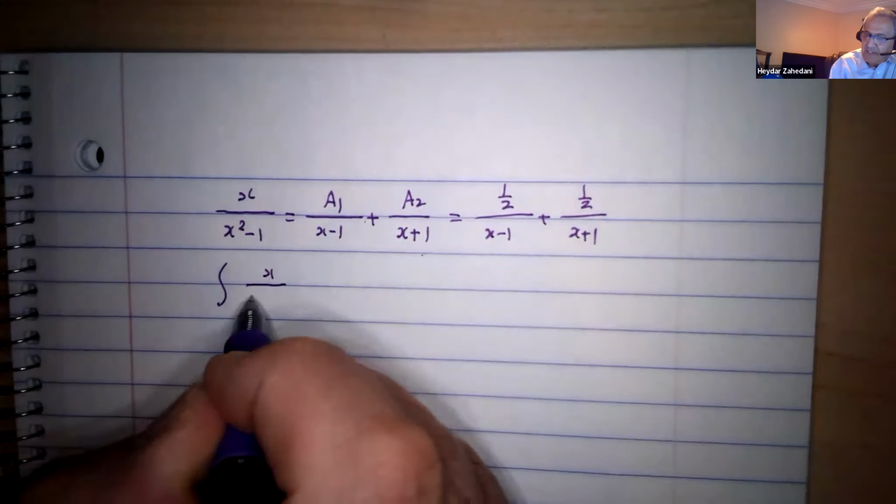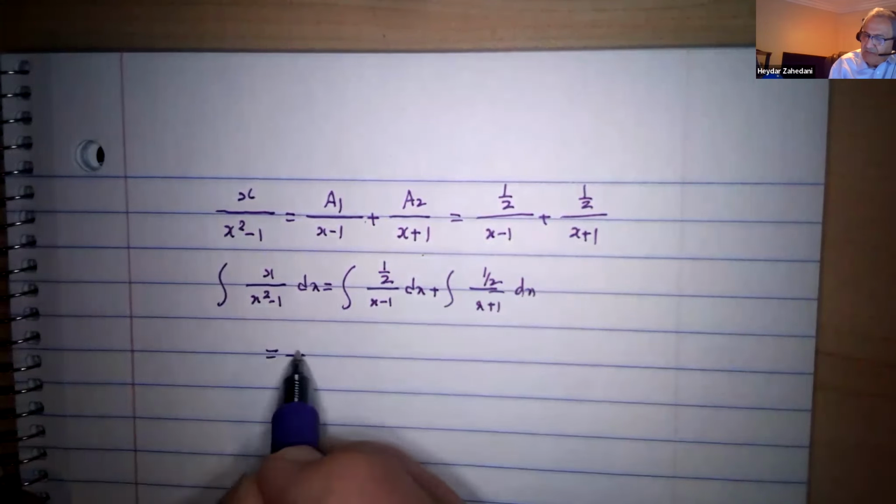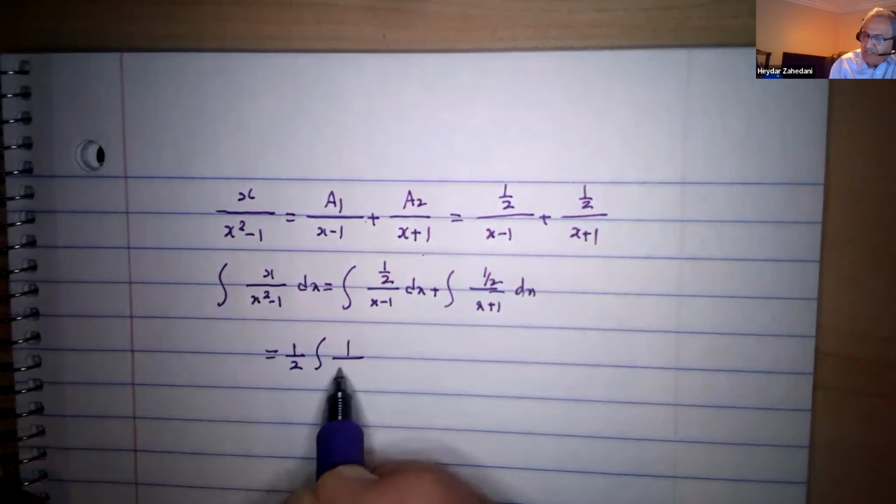Now we change it to the integral of 1/2 over x minus 1 dx plus the integral of 1/2 over x plus 1 dx. If you move the 1/2 out, it's 1/2 integral of 1 over x minus 1 dx, plus 1/2 integral of 1 over x plus 1 dx. You know that if you take u to be x minus 1, u prime is 1, so that's u prime over u, which is going to be natural log.